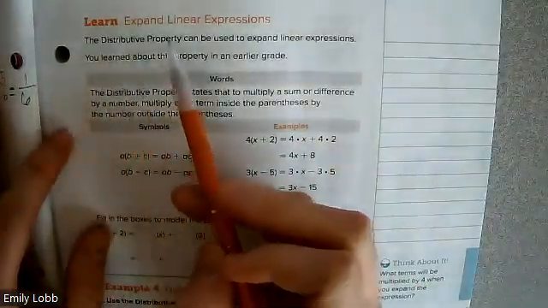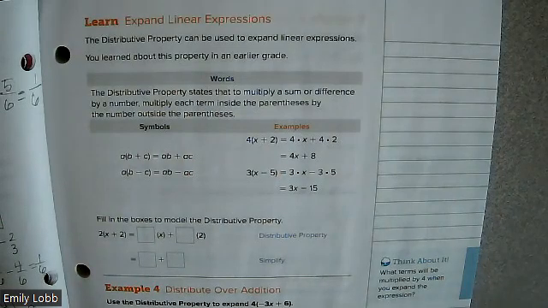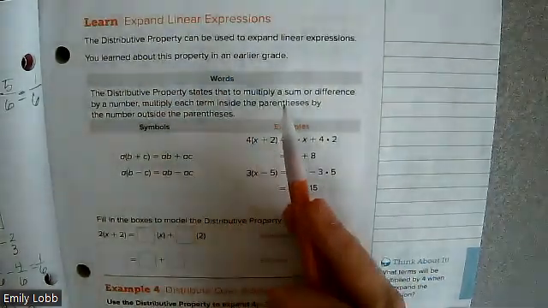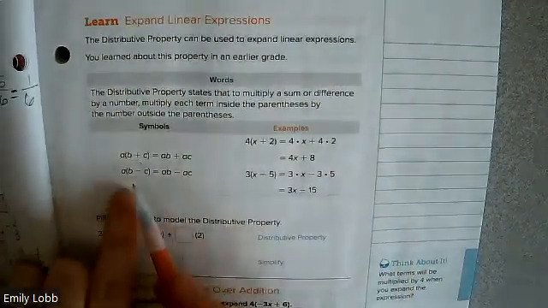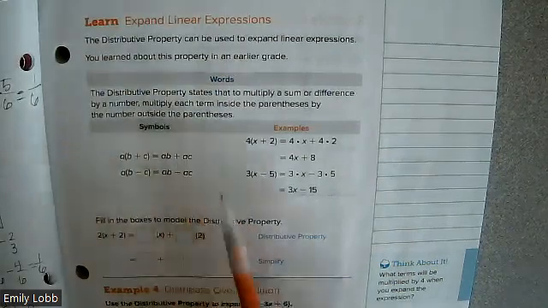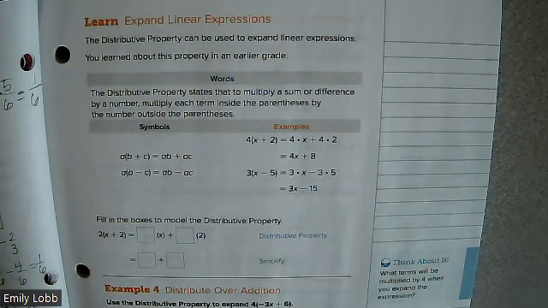So the distributive property can be used to expand linear expressions. You learned about this property hopefully in an earlier grade, but it just states that to multiply a sum or difference, so here's a sum and here's a difference, by a number, each term inside the parentheses is being multiplied by the number outside the parentheses.